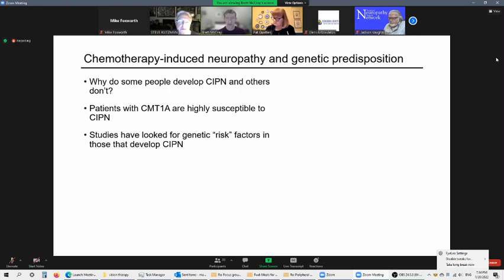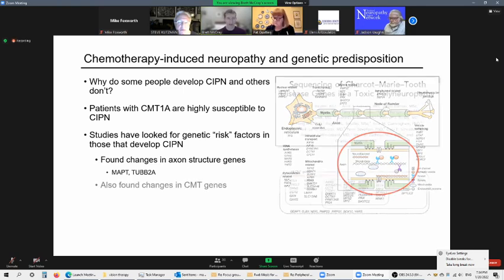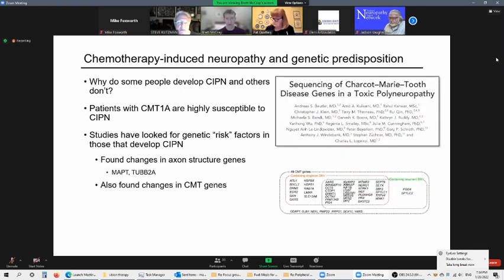And so there have been studies to look at what kind of genes might impart risk of chemotherapy-induced neuropathy. What's come from these is that there are a lot of the same genes that cause problems with the axons, just like CMT. And what's more, if you look at known genes that cause CMT, some of those seem to be risk factors as well.